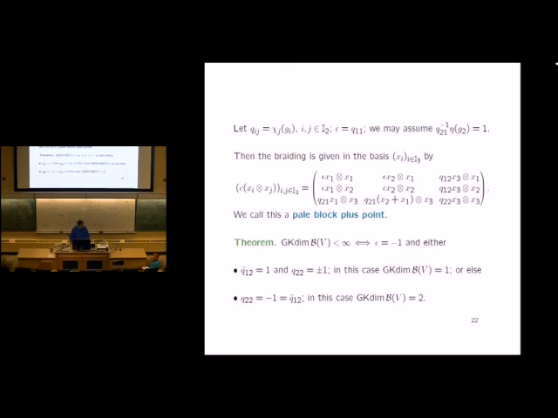But I would like to make a comment also, which I forgot. This result about the pale block and the point also proves the following thing. Together with the first theorem about the blocks, it proves the following. If you have V, a Yetter-Drinfeld module over a group algebra, where gamma is an abelian group, and if the dimension of B(V) is finite, then V is of diagonal type.